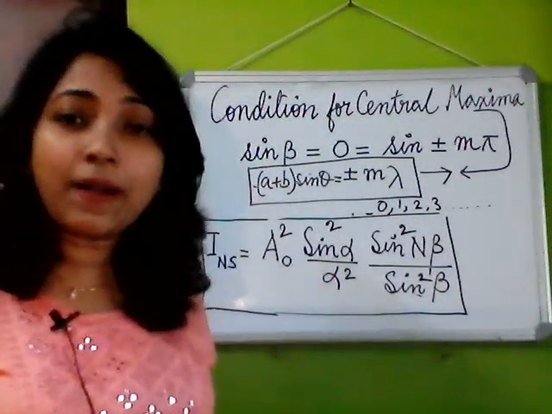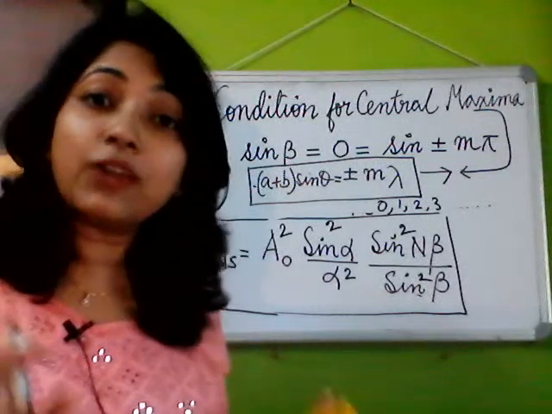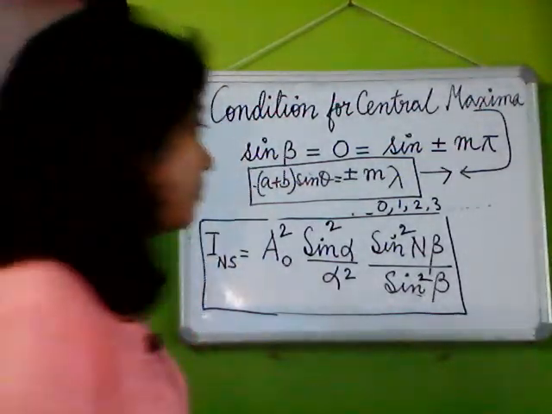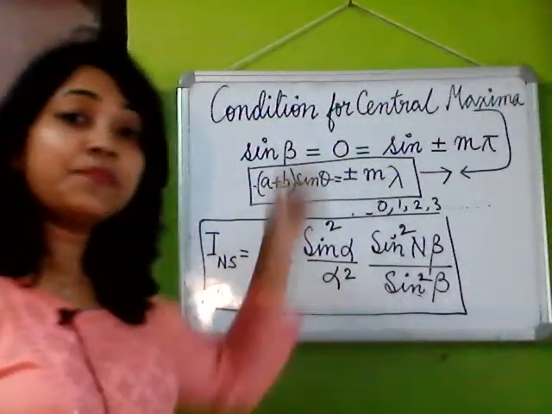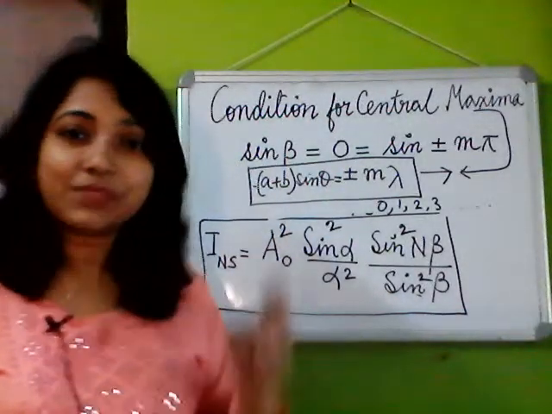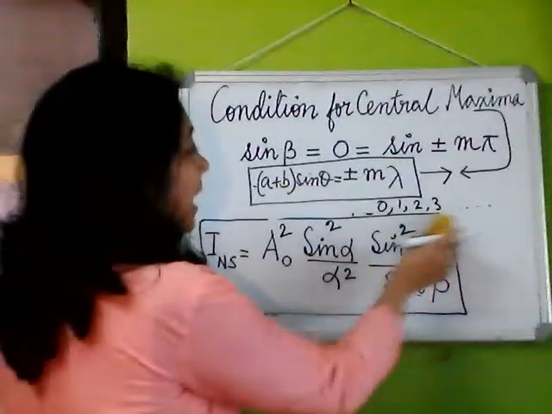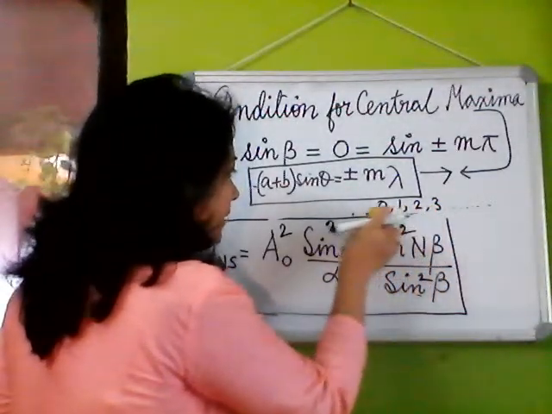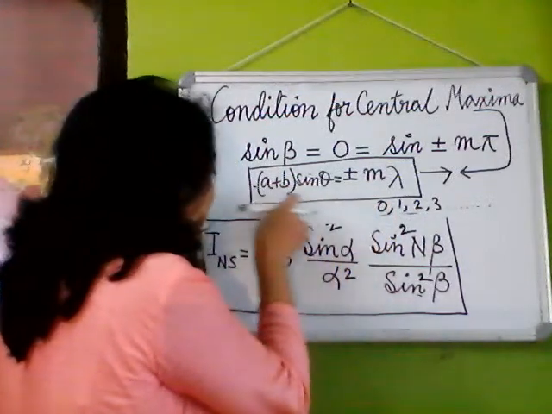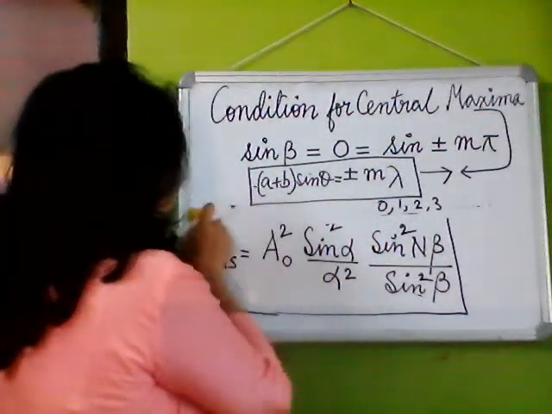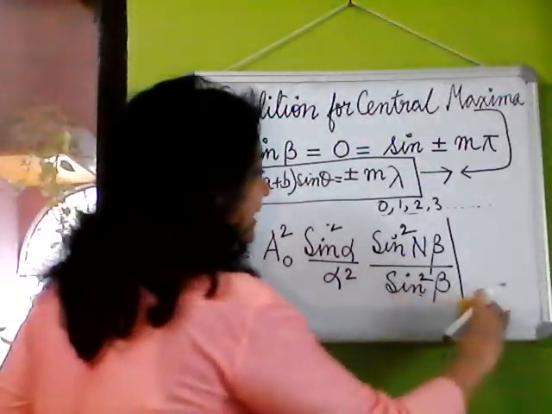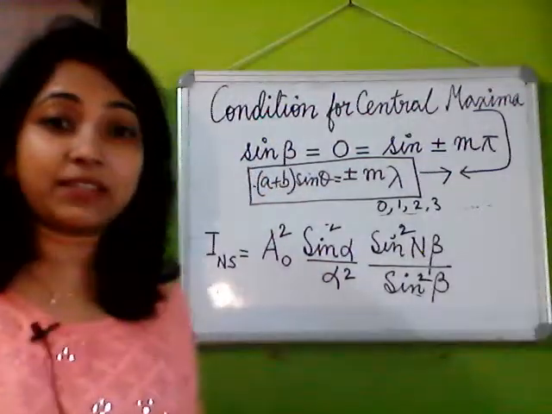In this case, we do not have the condition that m cannot go to 0. m itself can also go to 0 in this n-slit case. So this is where we are now standing. As I was telling you in the beginning, along with getting the condition for n slits, I am also going to tell you about the intensity of the central maximum.